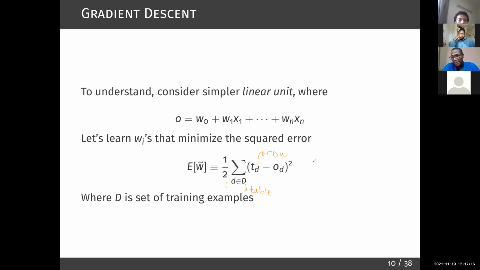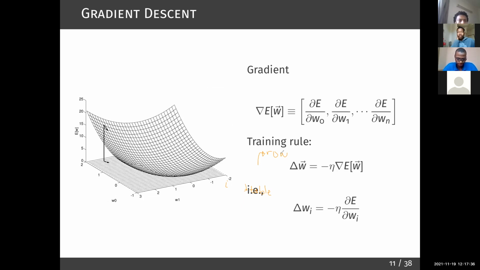The reason for the square is to make sure that the errors are absolute values, so that the error terms won't cancel each other. So we take the square of the error terms to keep them positive.